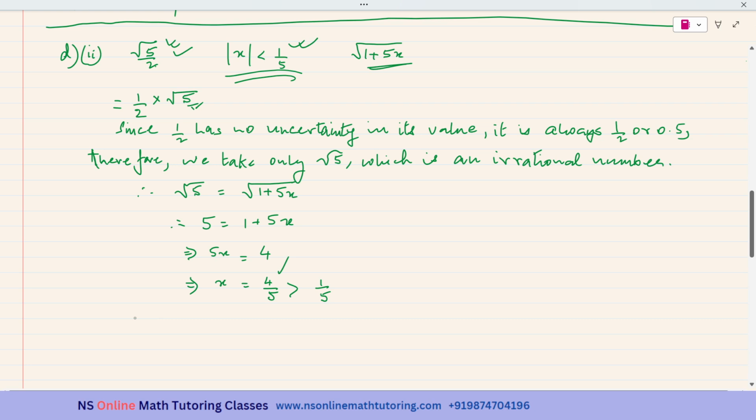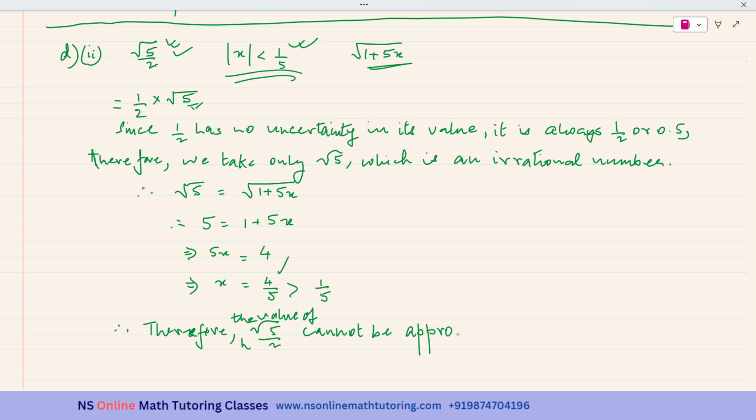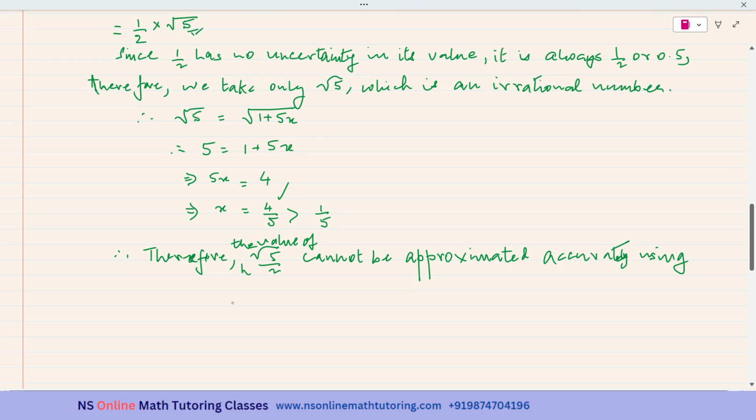Therefore, square root of 5 over 2 cannot be found or approximated accurately using (1 plus px) over (1 plus qx).